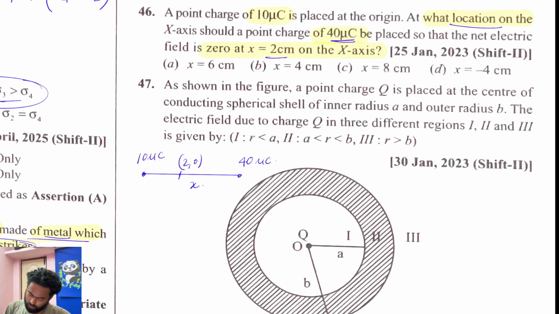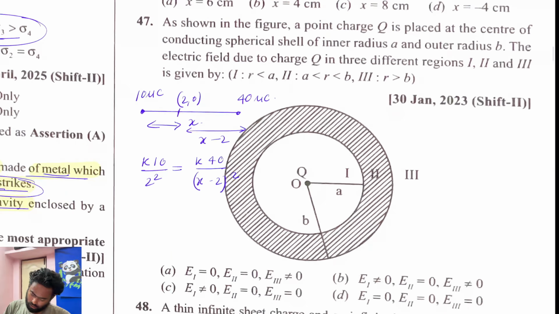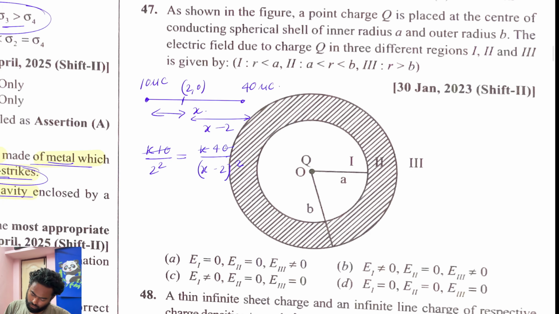So what will the electric field be? For this one, this distance is 2, so this distance will be x minus 2. So k 10 upon 2 square should be equal to k 40 upon x minus 2 whole square. So 1 by 4 equals to... taking the root, it will be better if I take the root to solve.